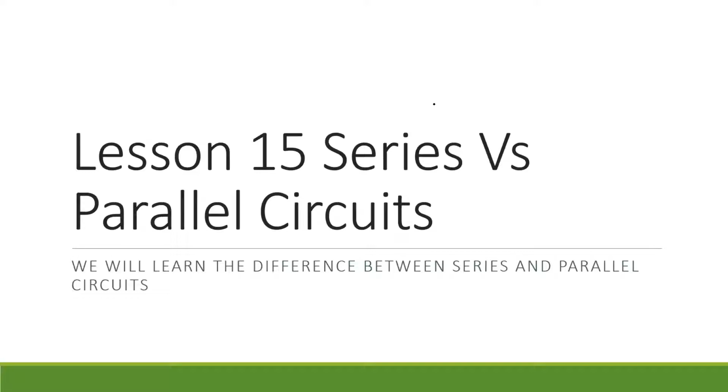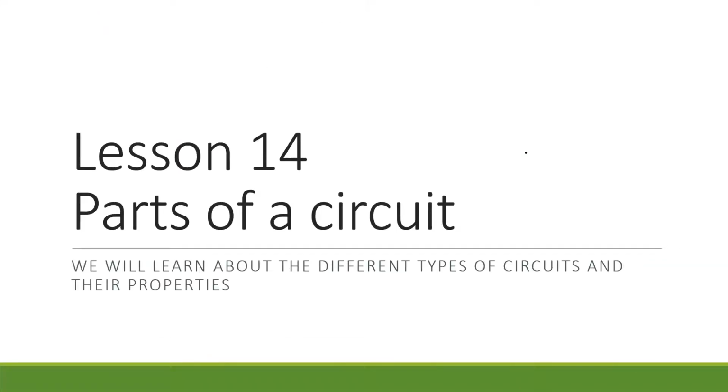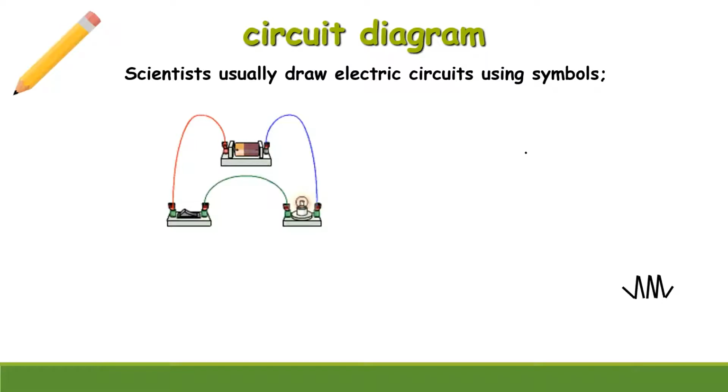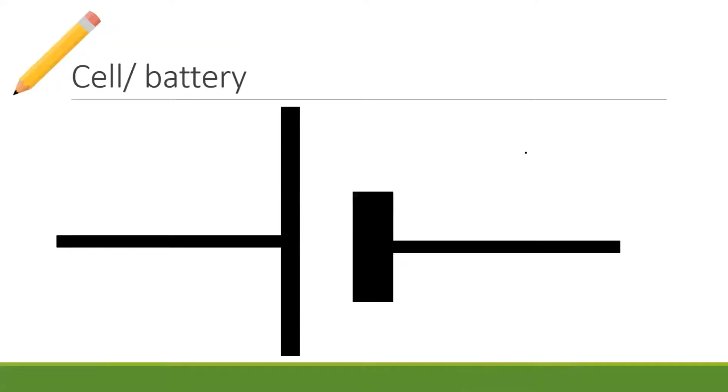Leading up to this, last lesson we talked about parts of a circuit. We talked about what makes up a circuit? We've got batteries, light bulbs, switches, and wires. And then we spent some time talking about, in a battery, who can tell me, left or right, which one's negative?